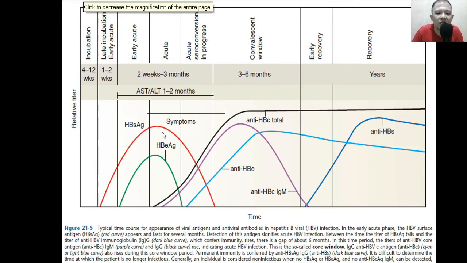By this time you have the anti-HBC IgM, and it begins to rise.